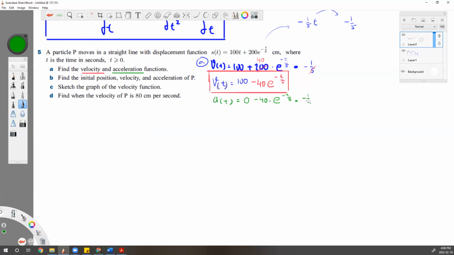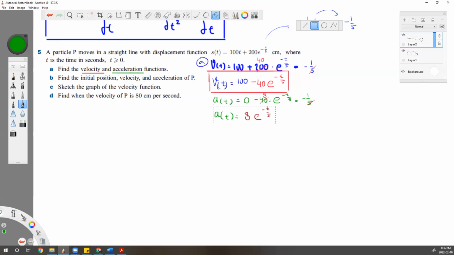It is recurring, it's the same, right? So what is different is only the constant. First we have 200 becomes 40. Now 40 becomes 8, right? So a(t) equals negative 40 times negative 1 over 5. You can cross it out. It becomes 8, right? Negative 8 times negative 1 is 8 e to the power negative t over 5. That will be your answer for question 5a, right?